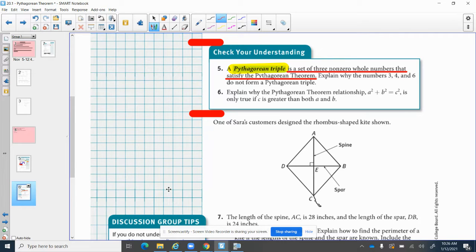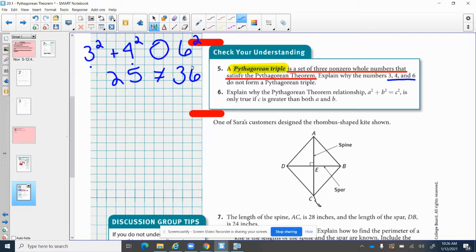So they want us to check: are the numbers 3, 4, and 6 a Pythagorean triple? Well, we know the legs are going to be our two smallest sides, so 3 and 4. And we're going to check, does that equal 6 squared? Well, we have 9 plus 16, which is 25. That does not equal 6 squared, which is 36.